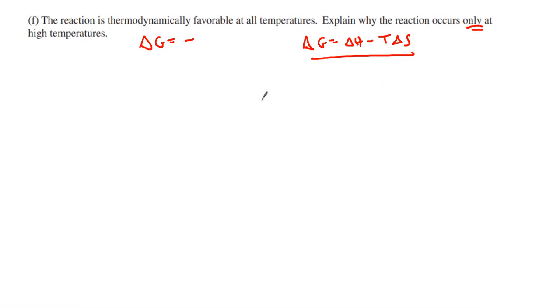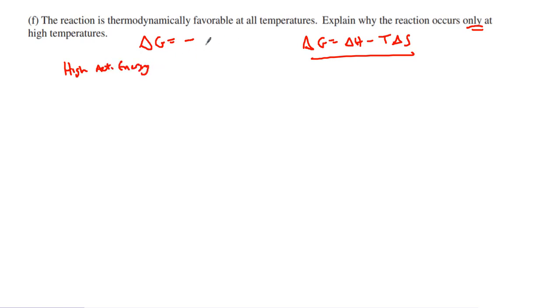And so this is called kinetic control. This is called kinetic control because, this shows up on every AP exam, if the reaction is only favorable at higher temperatures, the delta G is negative, but it only occurs at those high temperatures. So if it's always favorable at all temperatures, but it's only going to react at a high temperature, that must mean there is a high activation energy.